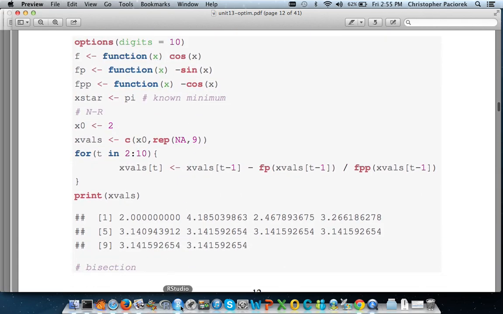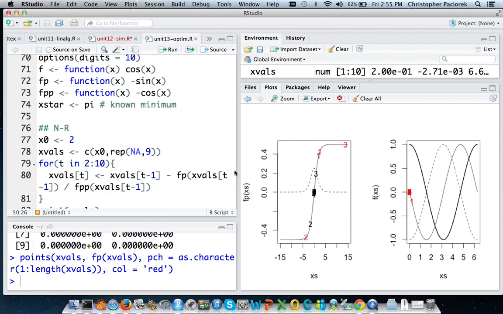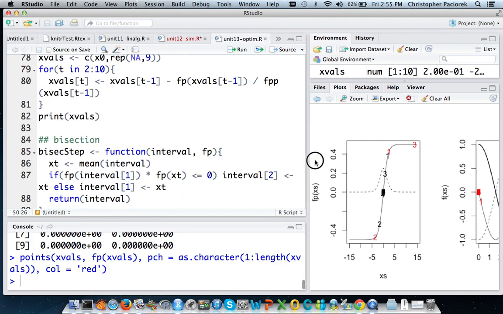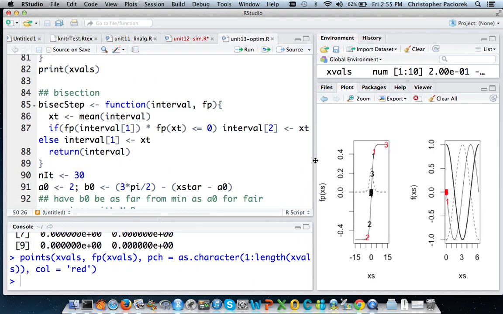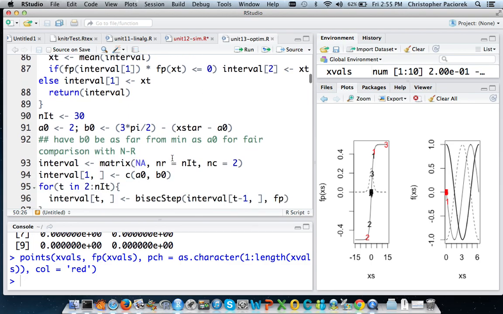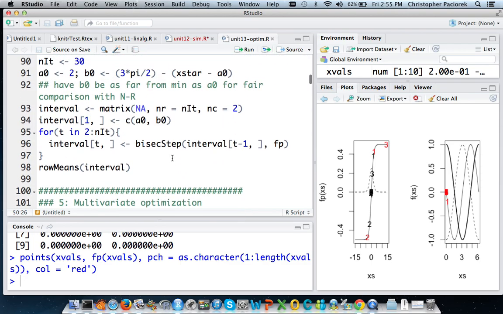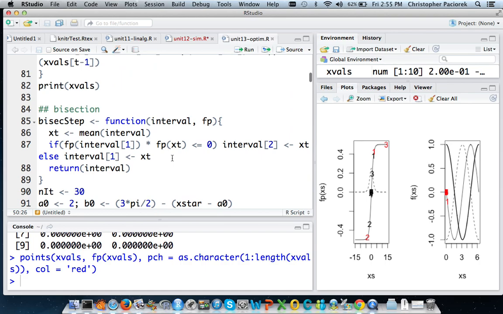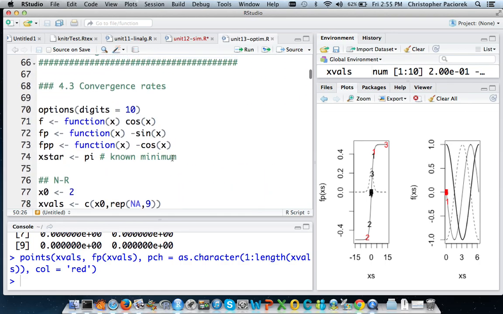Okay, so let's see an example here. What I'm going to do is compare Newton's method to bisection, and we're going to see that Newton's method converges a lot more quickly than bisection. I'm going to take my f to just be a cosine function, thinking about a small portion of it so that I can converge down to the local minimum.